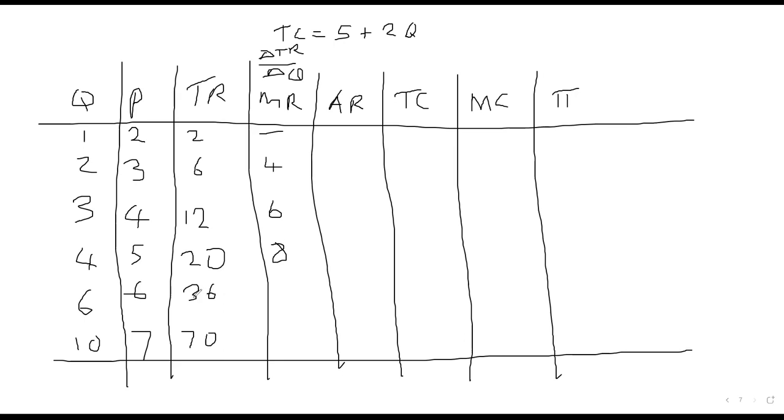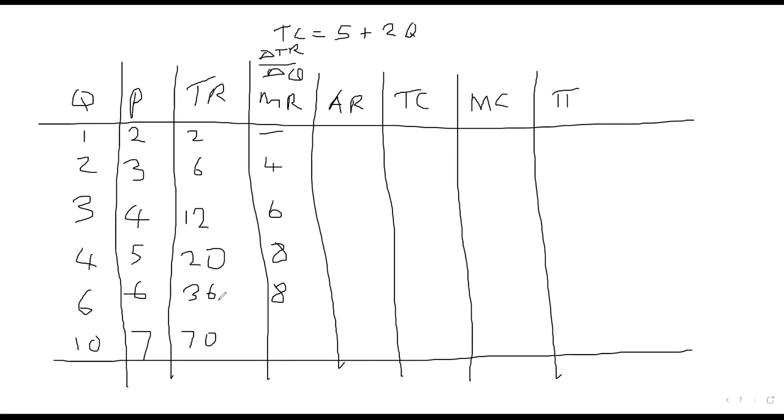36 minus 20, which is 16, over 6 minus 4, which is 2. So we still get 8 here. Then here, 70 minus 36.